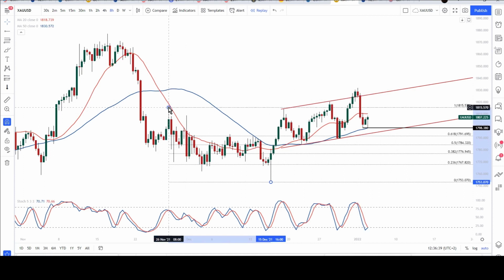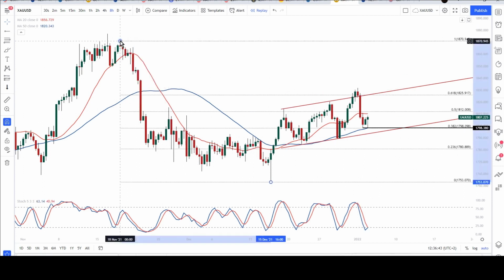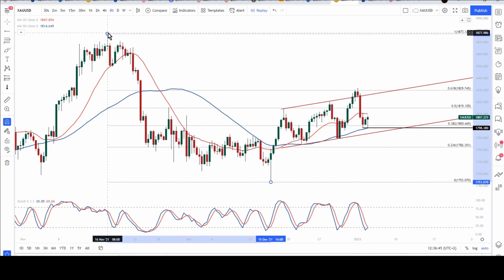The only option to really draw the lines from were basically this high or this high. So I chose the highest high here. But the idea is that now we have there a level that coincides with 50%.